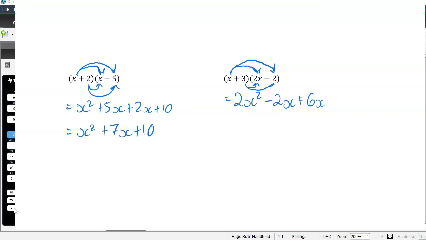And 3 times negative 2 is negative 6. Okay, so looking at this, do I have any like terms? Yes, I do. Here they are. So that is 2x squared plus 4x, because negative 2x plus 6x is 4x, minus 6.